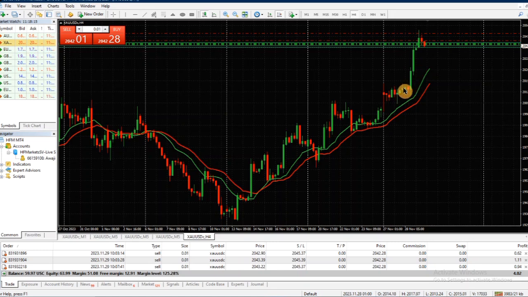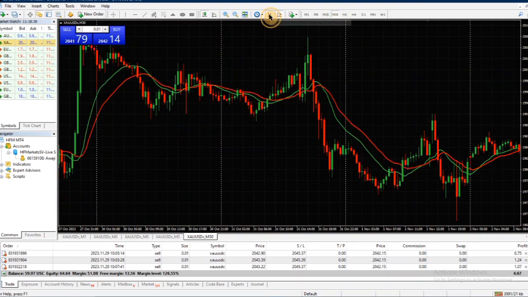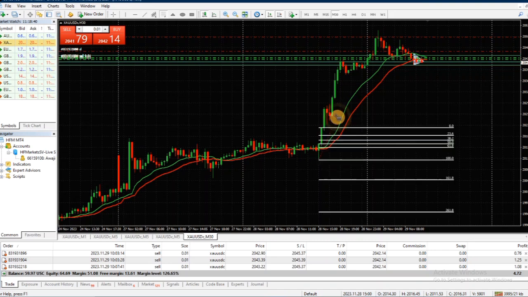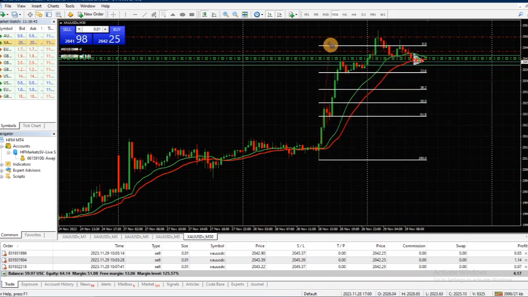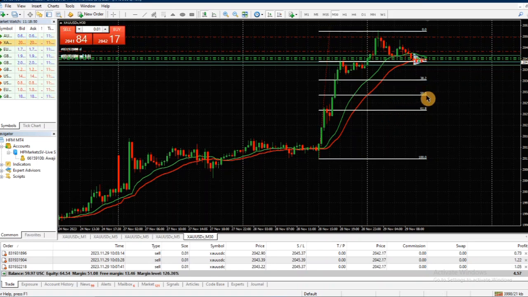But at this point, having this bullish movement, a reversal is expected, at least a reversal to level 50 on the Fibonacci retracement. If I retrace to the highest point, you can see that this here is the golden zone.